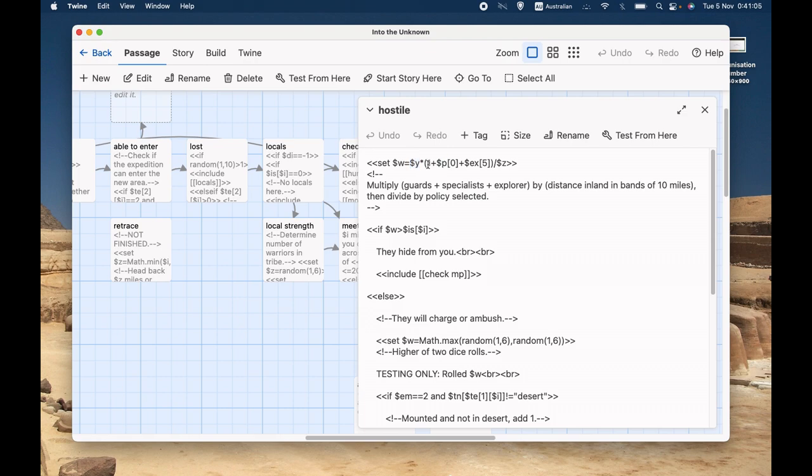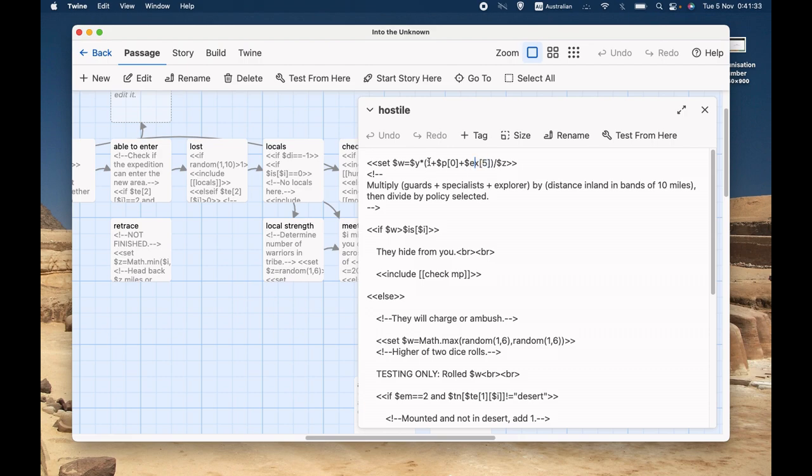We multiply that by 1 for the player character. $P0 is how many specialists you have, so it's how many missionaries. If you have the missionary, the explorer, the doctor, the journalist, etc., P0 is how many of those you have, if any. And then EX5 is the number of guards.